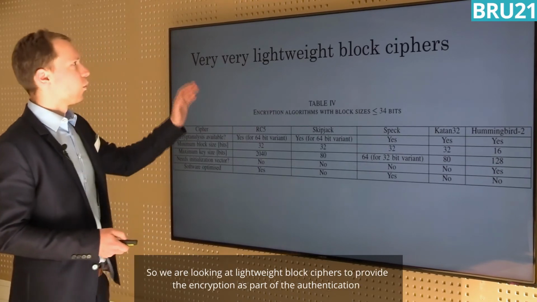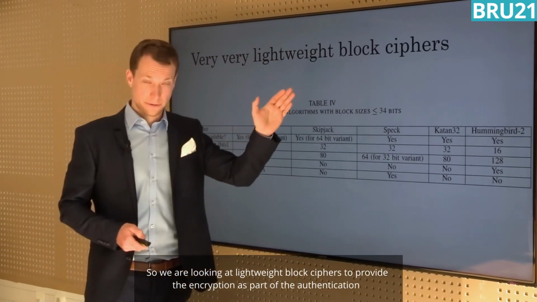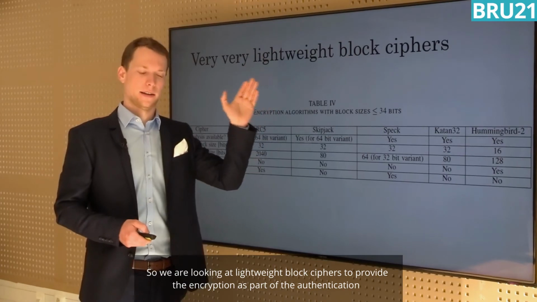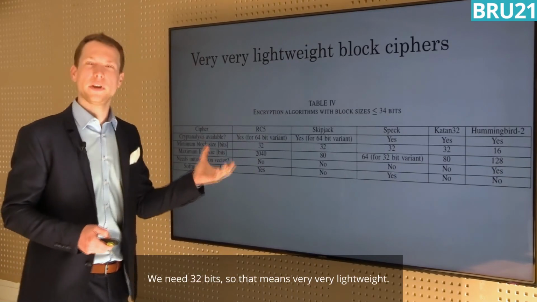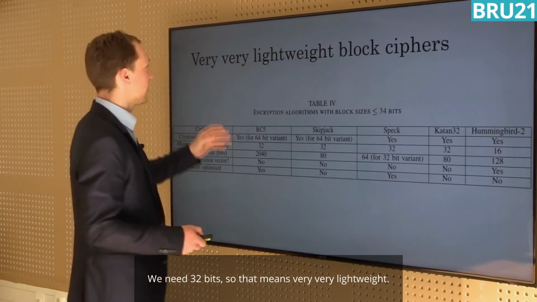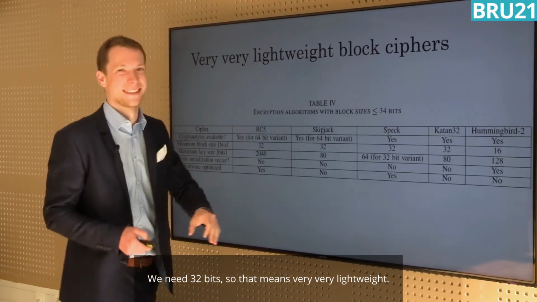So we are looking at lightweight block ciphers to provide the encryption as part of the authentication. And even when the mathematicians say lightweight block ciphers, actually they mean not as lightweight as we need them. We need 32 bits, so that means very, very lightweight.